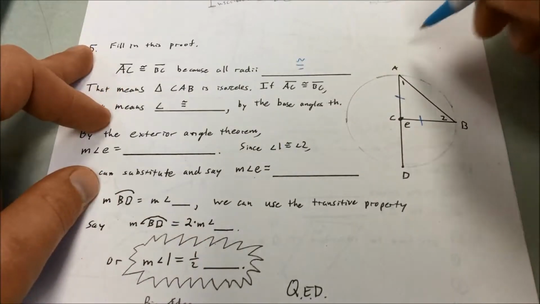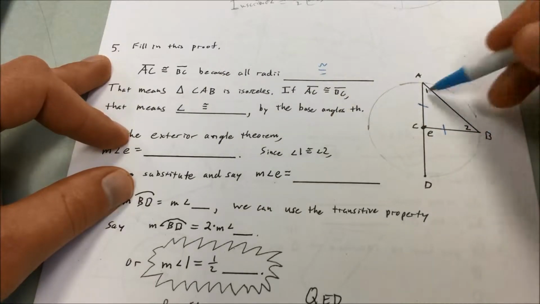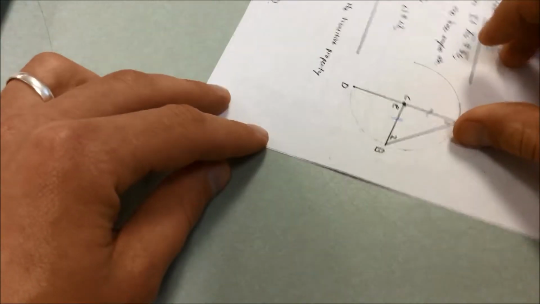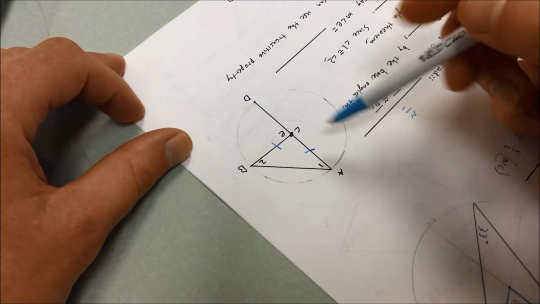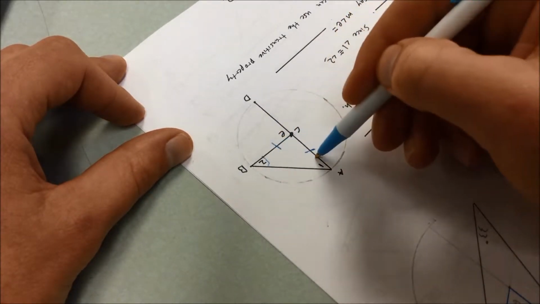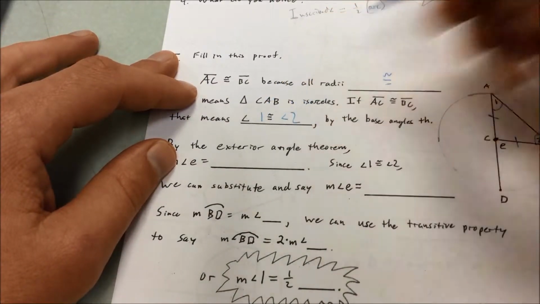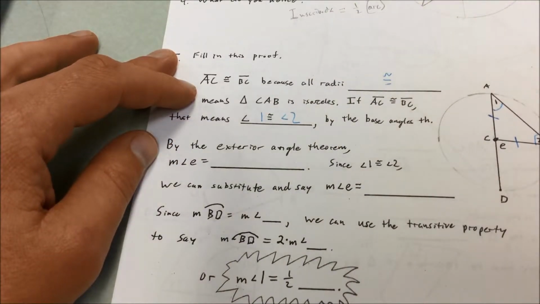That's pretty nice. It's pretty simple. That means the triangle here is isosceles. And I can turn my paper like this so you can see that it's isosceles, which means these angles are going to be congruent. Turn it back here. Angle 1 is congruent to angle 2 by the base angles theorem.